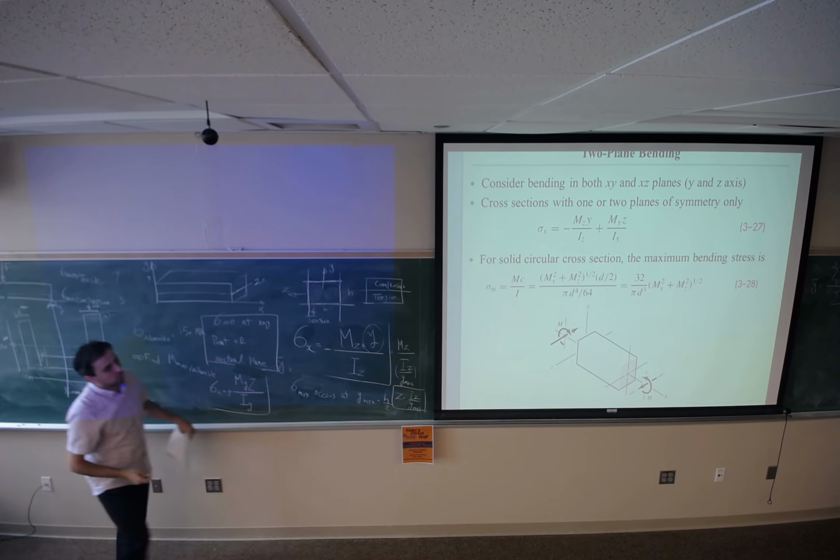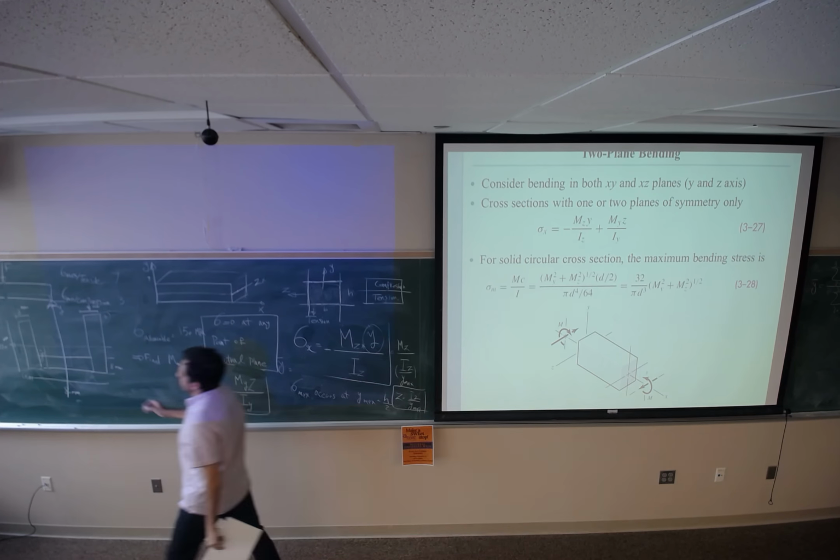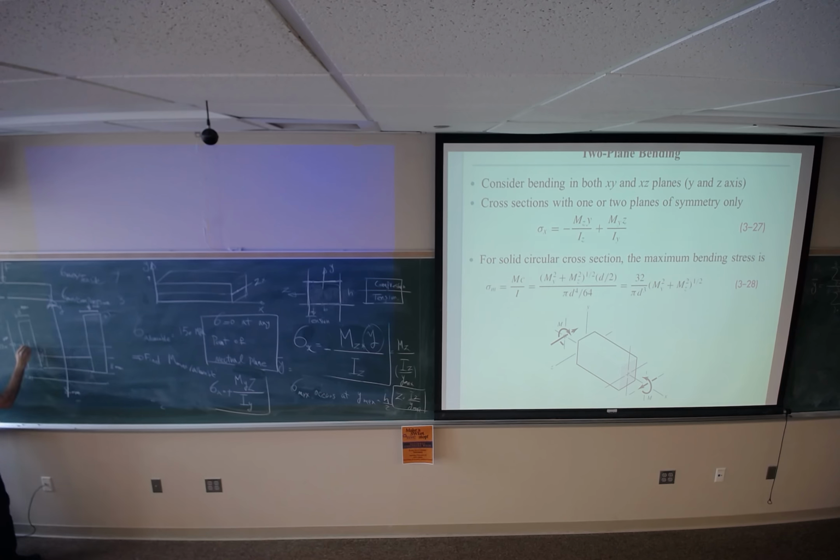So I'm looking for y bar, which is the summation of Ai times y bar i, for i equals 1, 2, 3, divided by the summation of Ai for all three cross sections that we have. We have one rectangle here, another rectangle there, and a third rectangle over there.